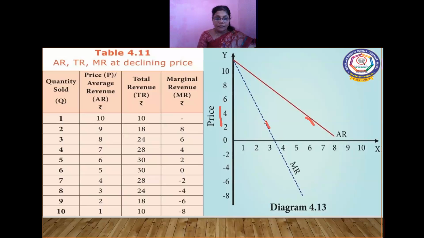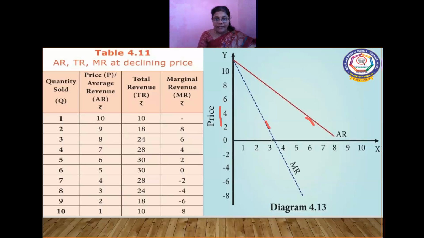You can see in this diagram, both AR and MR will be sloping downwards. You can see how it is sloping down. The MR curve, if you take, divides the AR curve and the y-axis into two equal parts.